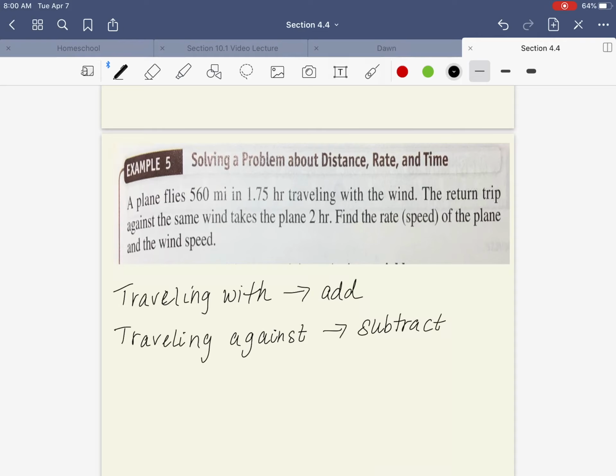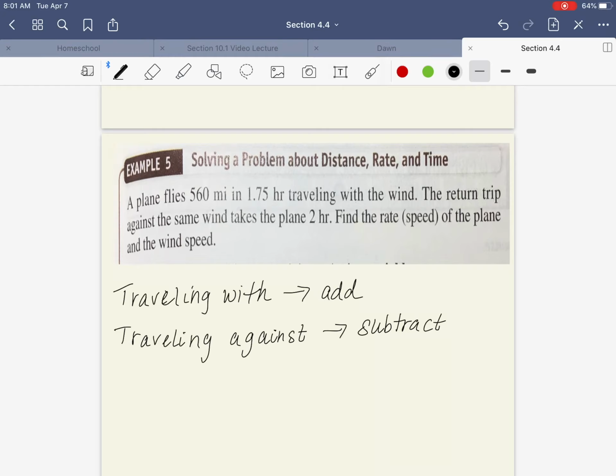You may also see questions where it says uphill and downhill. If you're going downhill, you would add. If you're going uphill, you would subtract. So just think of it like resistance. If you're going with something, it's easier to do, so you would add. If you're going against something or going uphill, it's harder to do, so you would subtract.